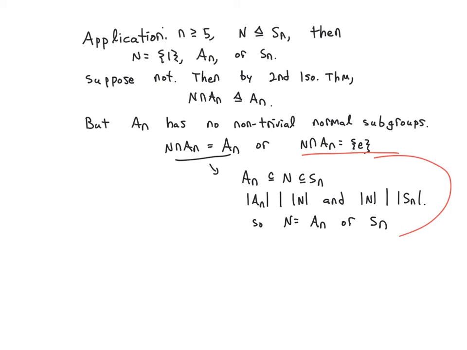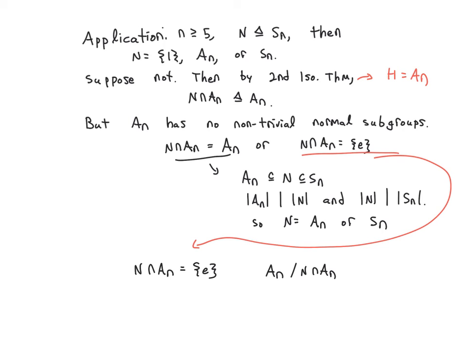So then you just have this case to consider. What happens when N intersect the alternating group is the trivial subgroup? Well then, using the second isomorphism theorem, where the role of H is played by the alternating group, I now see that AN modulo N intersect AN, because it's the trivial subgroup, is just the alternating group.